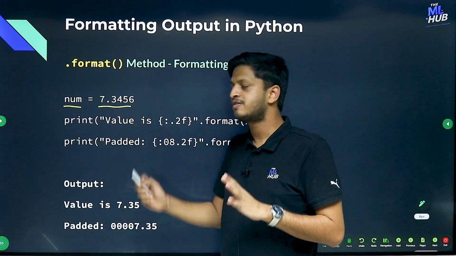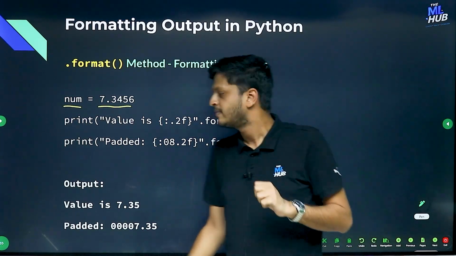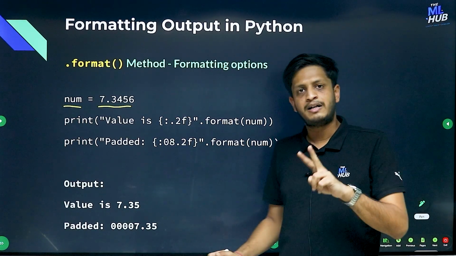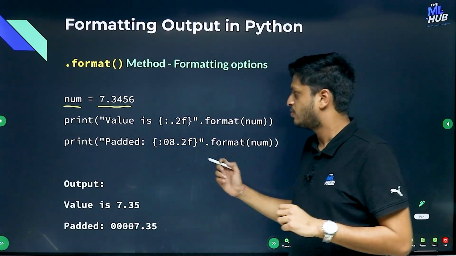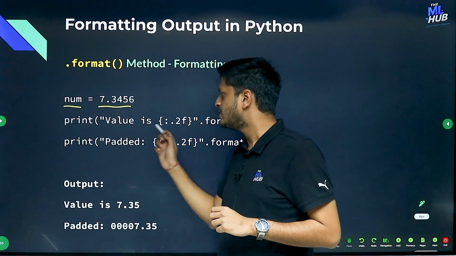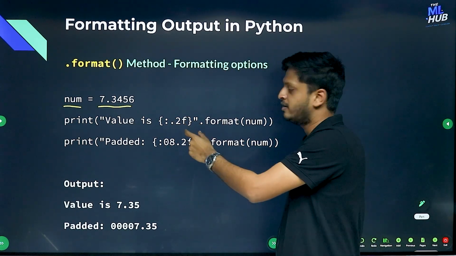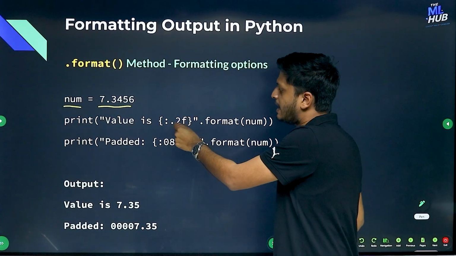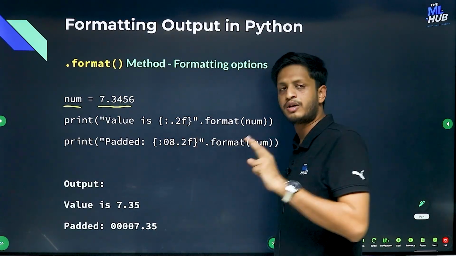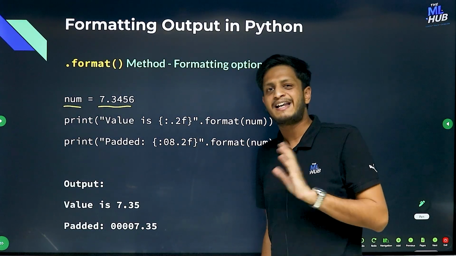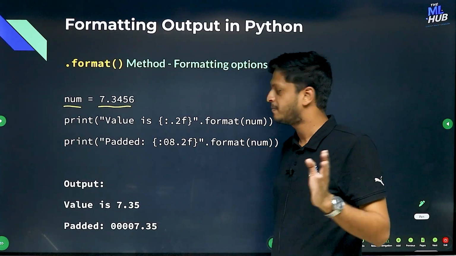So after decimal places, we have 4 decimal points. Now I just want to print 2 decimal places out of it. So what I will do is, we will say that value is, and inside the curly bracket we are saying that the format of this particular number should be a floating point number, and after decimal point you just have to take 2 decimal places and it will automatically round the number, same as f strings, okay?